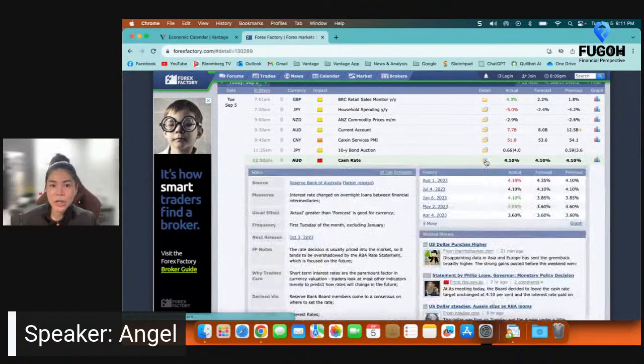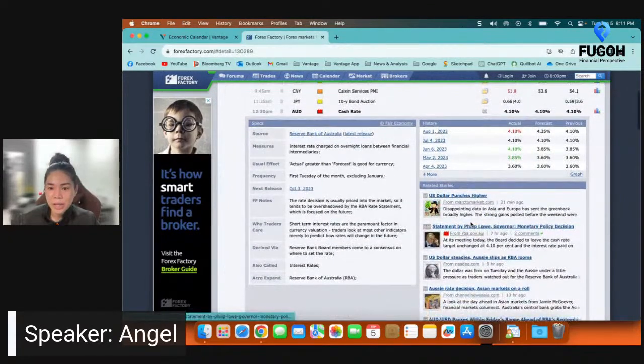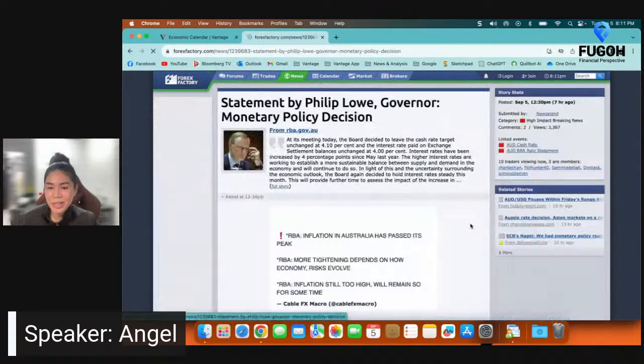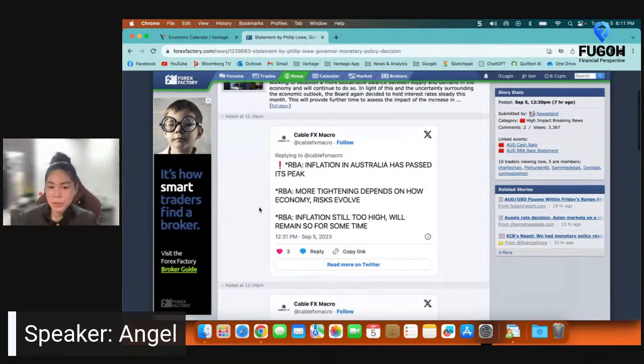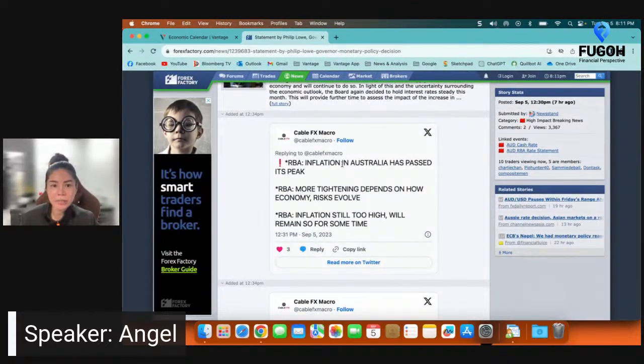You could click on it and see if there's anything related to the monetary policy of Australia. You may read the entire news, which I recommend, but if you don't have time to do that, let's just check what the summary tells us.